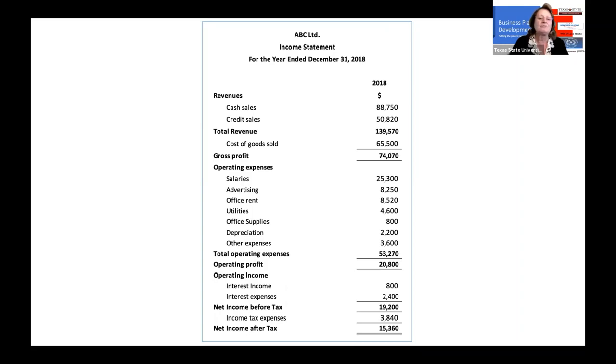Some income statements will separate depreciation out from operating expenses because they like to see operating expenses or net income before, say, interest, depreciation, and taxes. So sometimes we'll see the interest expense also put down there just so you see what it really is for analysis. But this is a very straightforward, easy income statement that you can use for your own purposes.